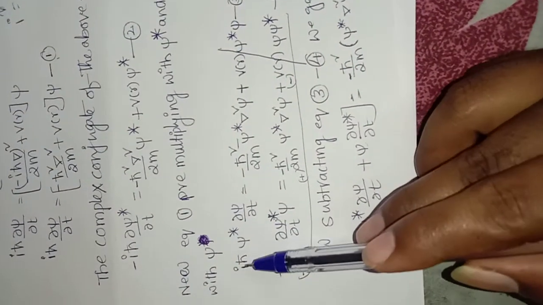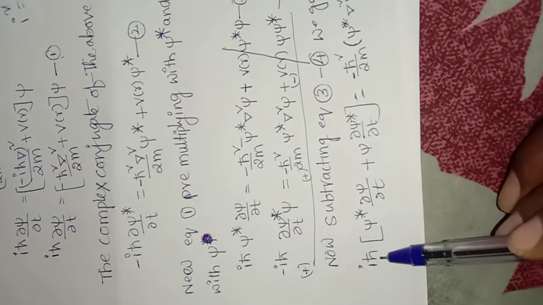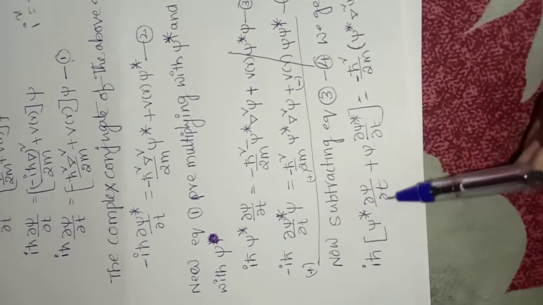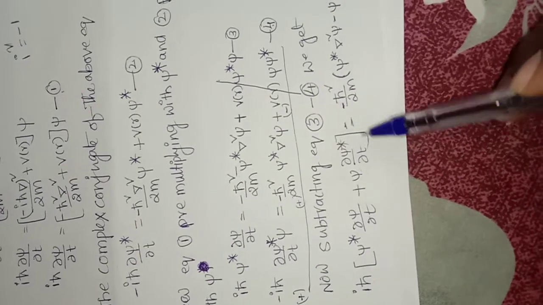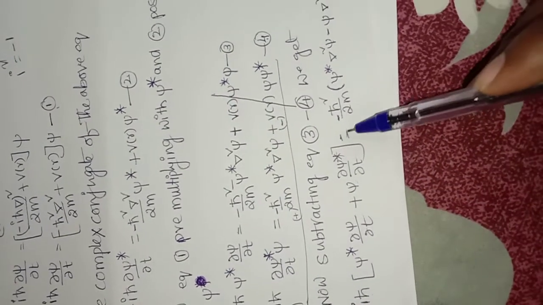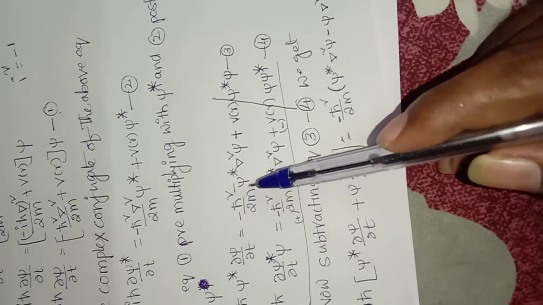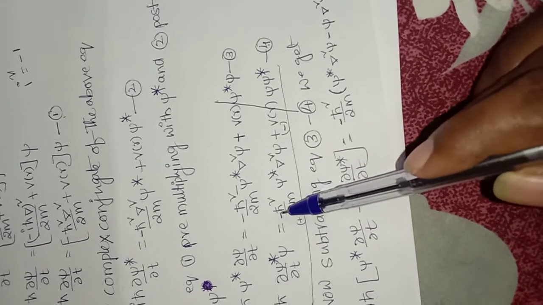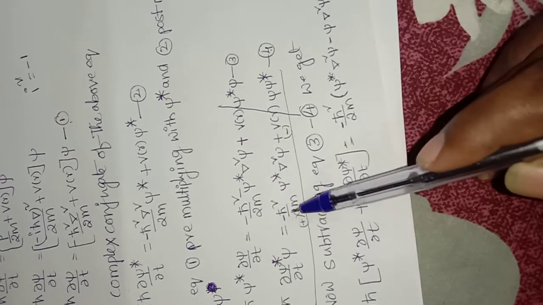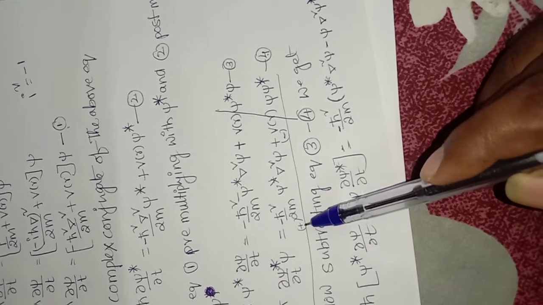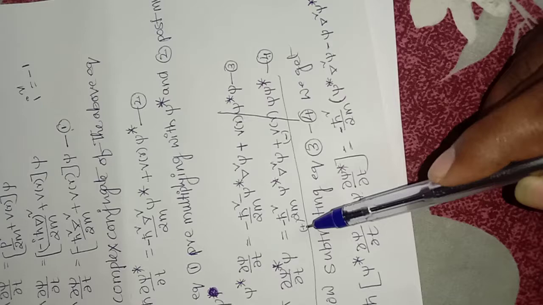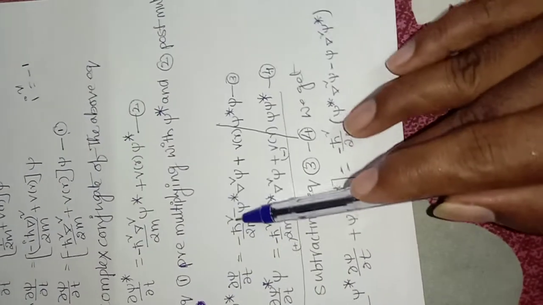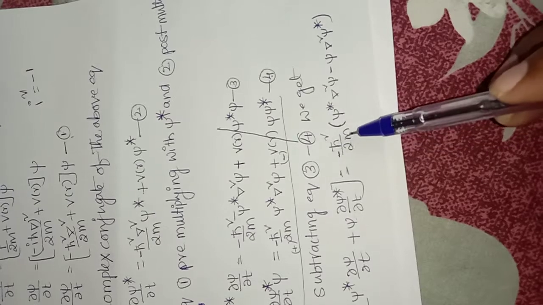Here we have the same component i h cross common. The remaining terms on the LHS are psi star dou psi by dou t plus psi dou psi star by dou t. On the RHS, the first component is minus h cross square by 2m, and the other is also h cross square by 2m, with the minus changed to plus. Now we take common the minus h cross square by 2m.